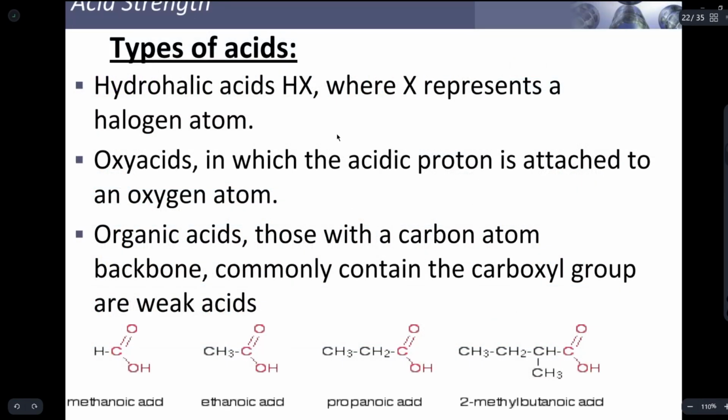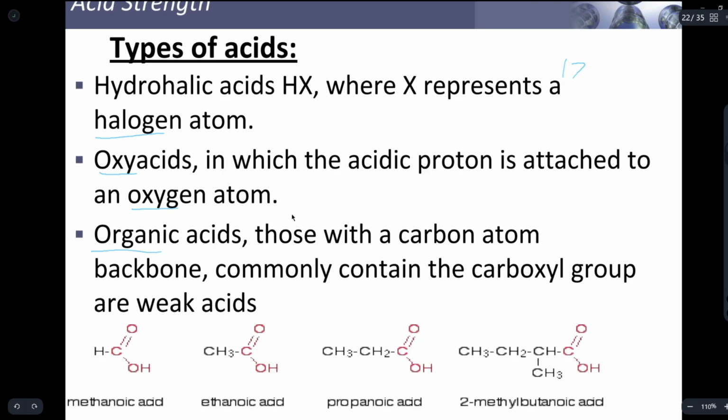In this chapter, we will be taking three types of acid: hydrohalic acid, where an H plus ion will bond to a halogen atom, which is that of column 17. Oxyacids, where H plus will bond with an oxygen atom.